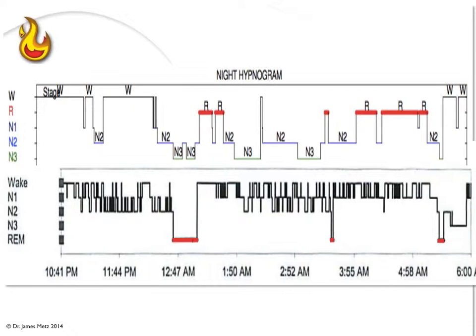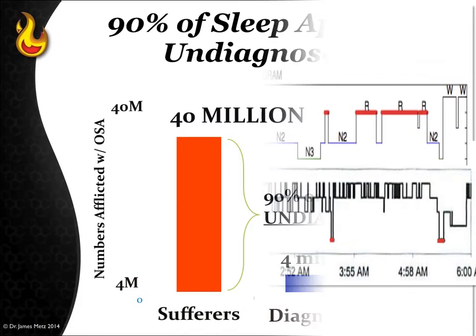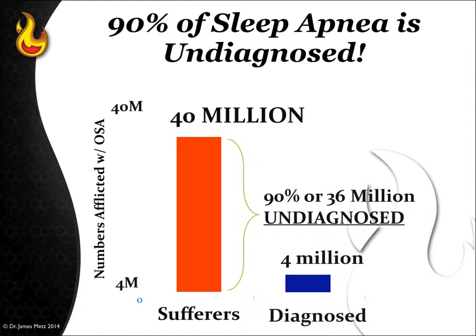So the other part about it is your REM cycles are not normal on the bottom. And the idea that you get this highly fragmented sleep, the patient is going to be tired the next day. So let's go back. If we include tiredness and really get down to business on screening for obstructive sleep apnea or upper airway resistance patients, it's not 40 million.